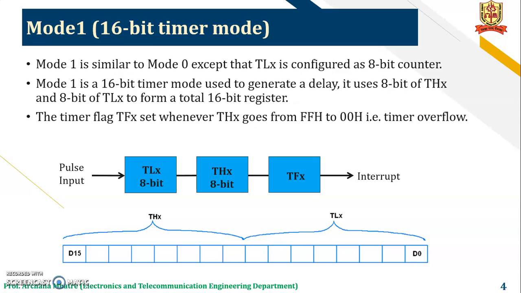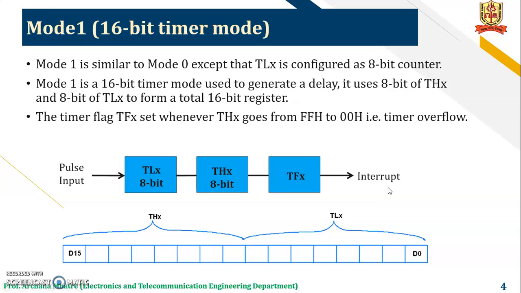The timer flag TFX is set whenever THX goes from the maximum value, FFH, to the minimum value, 00H. Here you can see the pulse input is given to TLX, the lower byte of the timer, which is 8-bit. The higher byte of the timer is also 8-bit. When THX overflows, the overflow flag will be set and the interrupt will be generated.